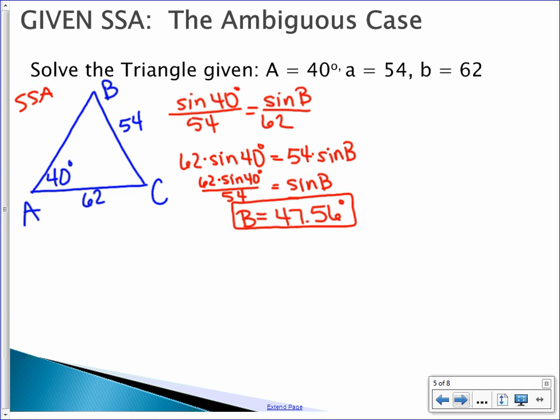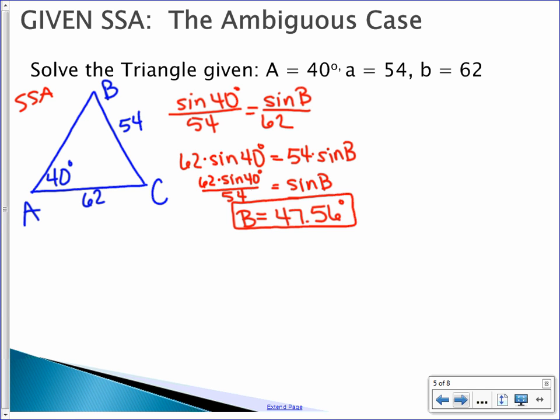So if I go up to my pipe cleaners over here, basically what's happening, well, this looks better. This angle is 47.56 degrees. Now, we can continue and solve for this triangle, right? So I'm going to take a moment and we need to see, is there going to be a second triangle? If there is a second triangle, what is true about angle B in the second triangle?